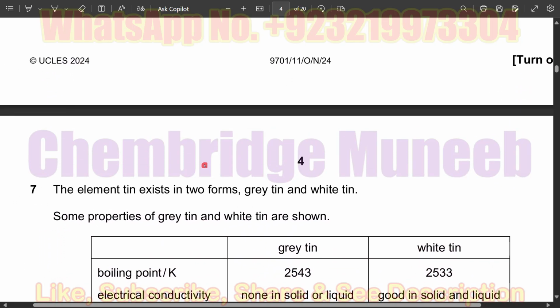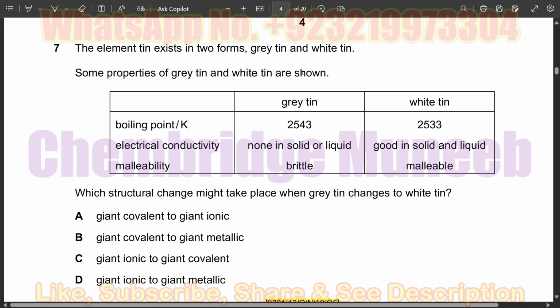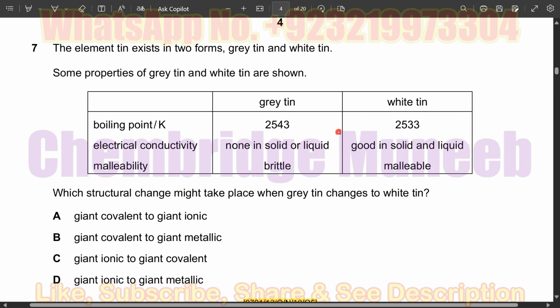Next, question number 7. The element exists in two forms, gray tin and white tin. We have the values given here. Which structure change might take place when gray tin changes to white tin? So, gray tin to white tin means we first identify what kind of structure gray tin has and what kind of structure white tin has. From the boiling point values, which are too high, both are giant structures.